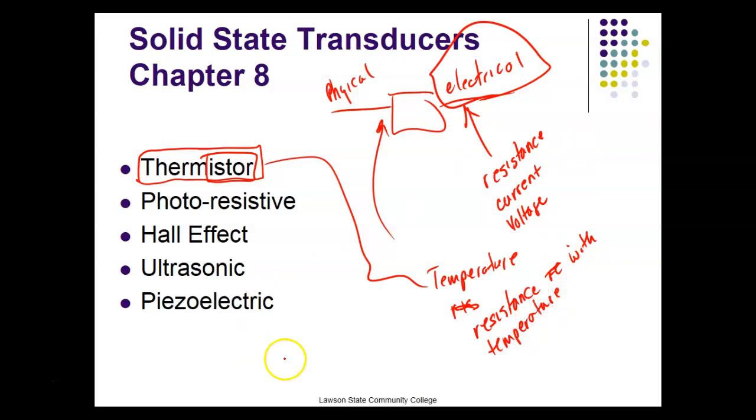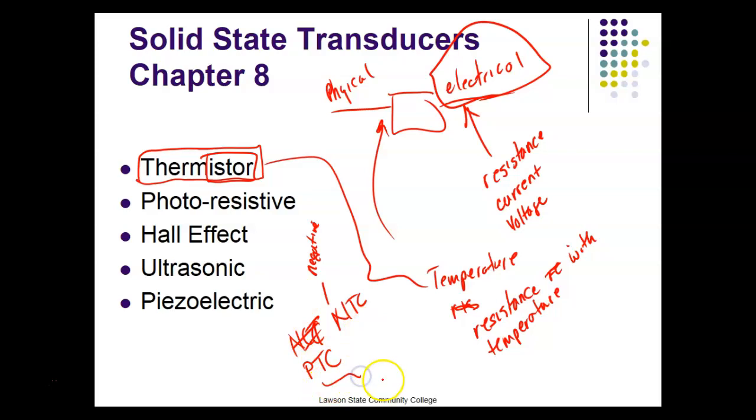We have two. We have what we call an NTC, and the other one we have is a PTC. And what do you think that means? What do you think the N stands for? Negative, yeah.